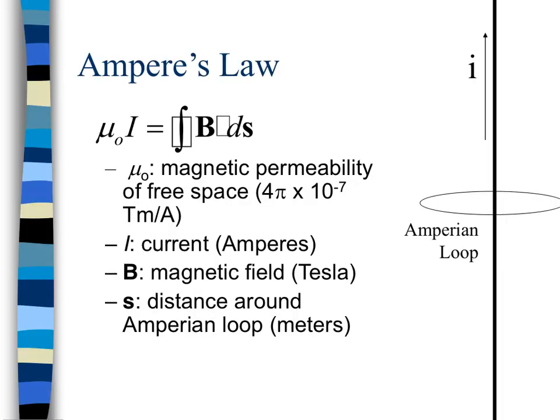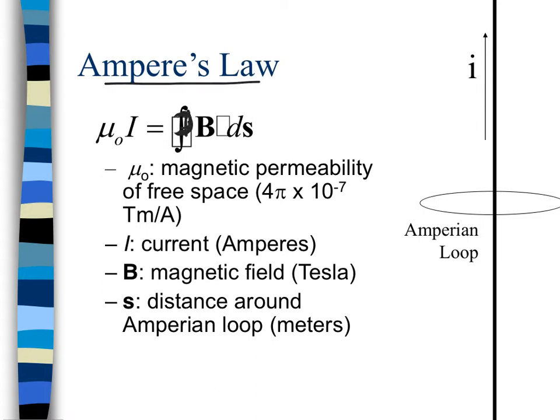So the first thing I want to do is make sure we review Ampere's law so that you can write it, so you know what all the parts indicate, so that you can break it down and understand conceptually what this statement is saying. So notice again we've got this weird looking integral that shows up in here. I've got the integral, and often we use a little circle in here.